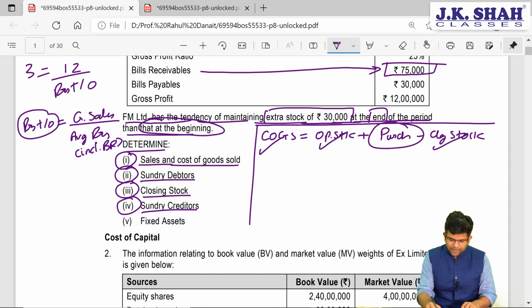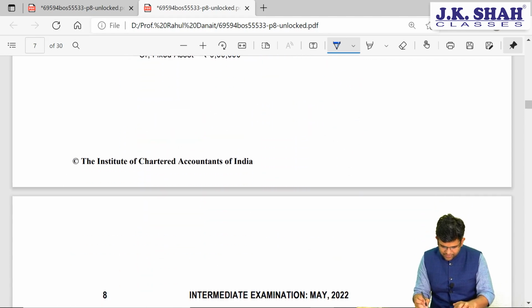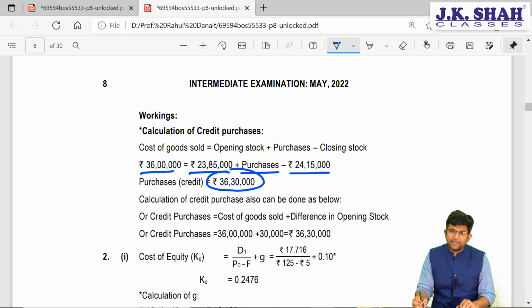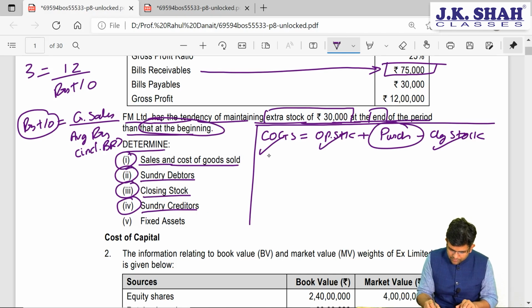We can easily find purchases as the balancing figure as they have done here. If you calculate, you will get the purchases as rupees 36 lakh 30,000. I'll write down here, purchases are 36 lakh 30,000.